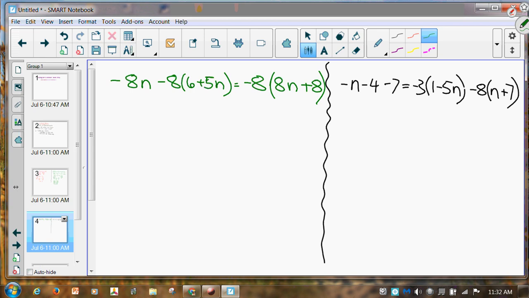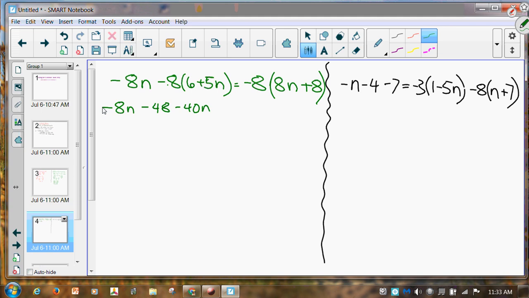We just have to watch our minus signs. Let's work on the left side first and perform the order of operations. It's going to be minus 8n, and then minus 8 times 6, which gives me minus 48. And then minus 8 times 5n gives me minus 40n.